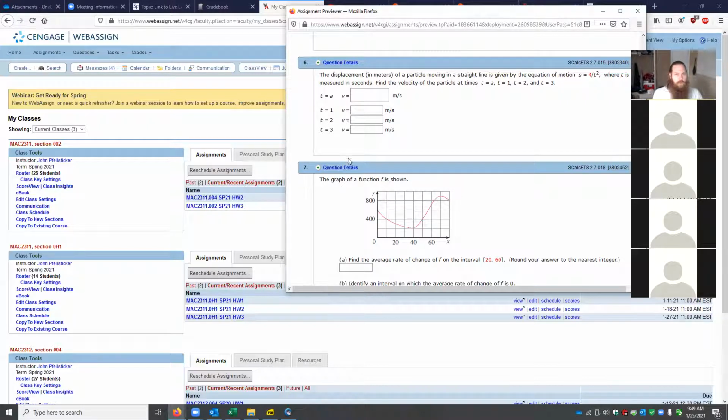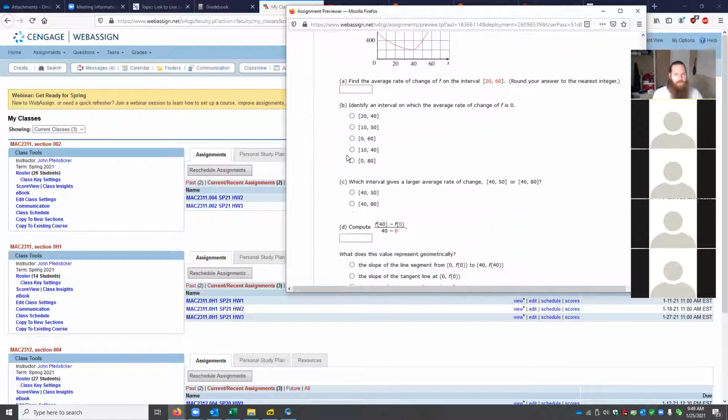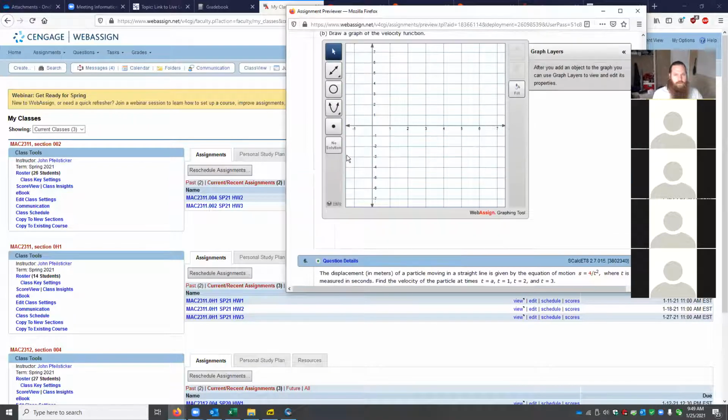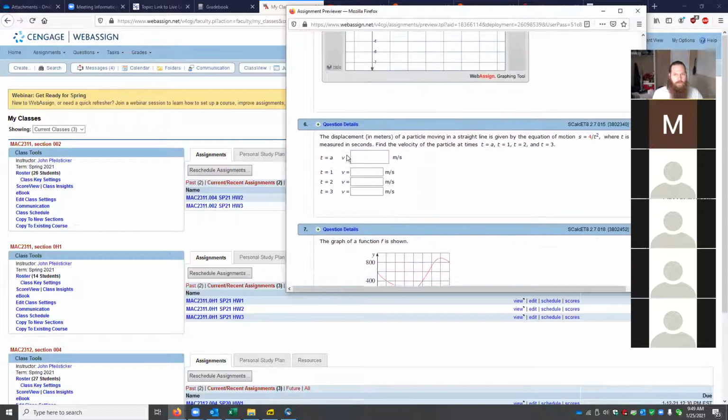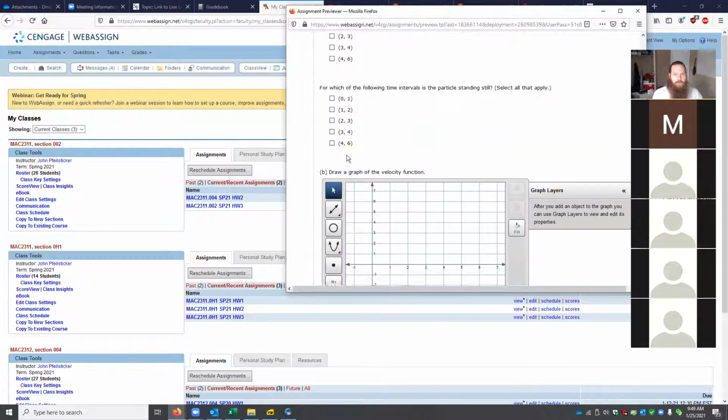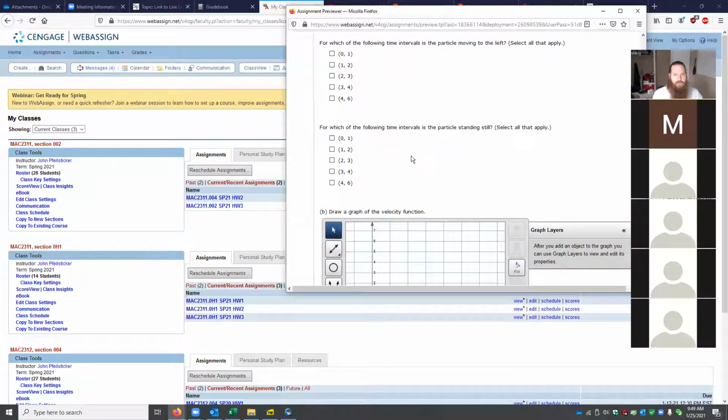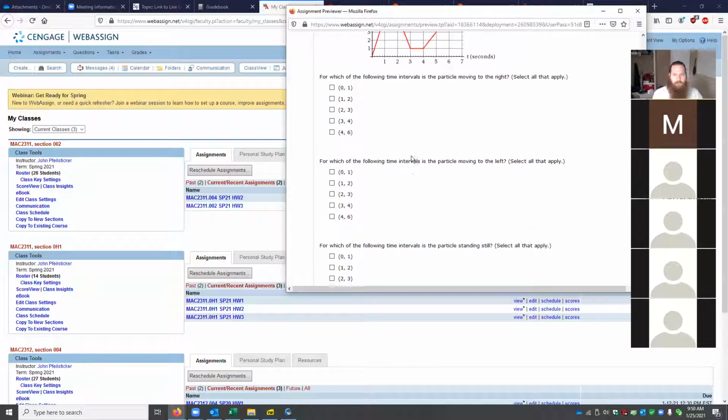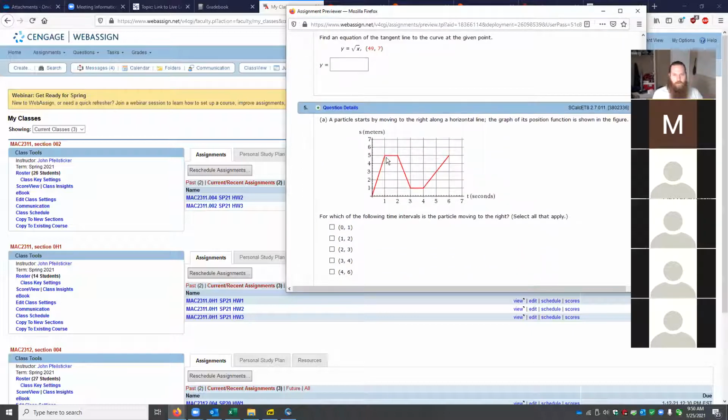Mackenzie asked, why is it all open points? Like open intervals? Yes, on number 5. If we're talking about intervals of increase and decrease, those are open. So for example, right here at the point 1, 5, this function is no longer increasing.